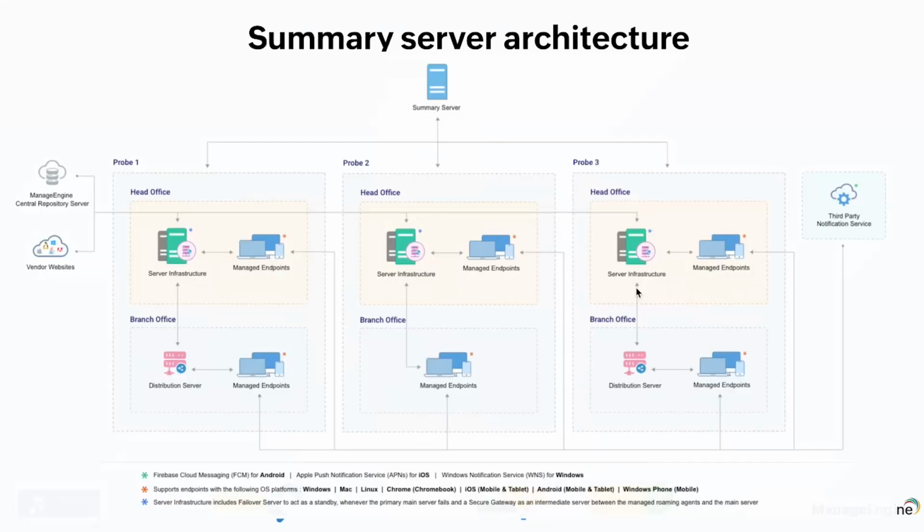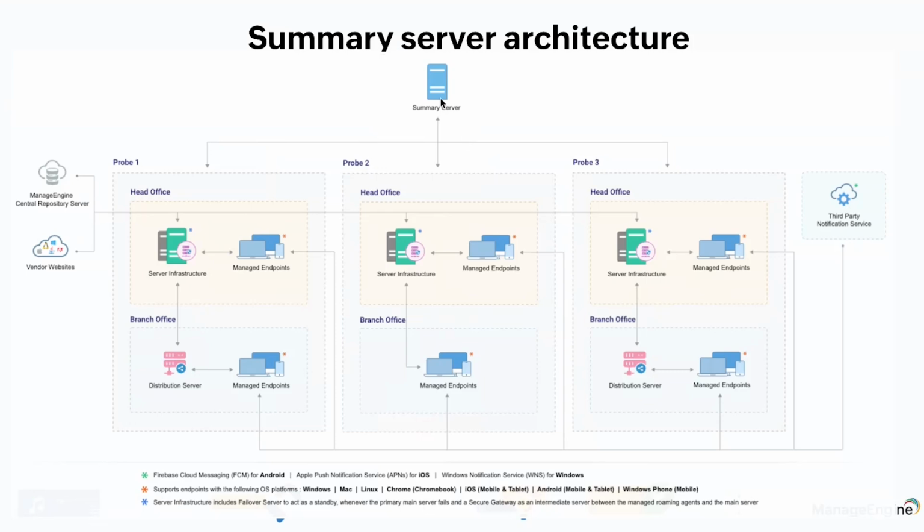We have summary server architecture as well. So this will be useful to you if you are a customer and you're managing more than 30,000 endpoints. When you manage 30,000 endpoints and when you go for Endpoint Central on-prem, providing system resources and bandwidth for a single machine will be a tedious task.